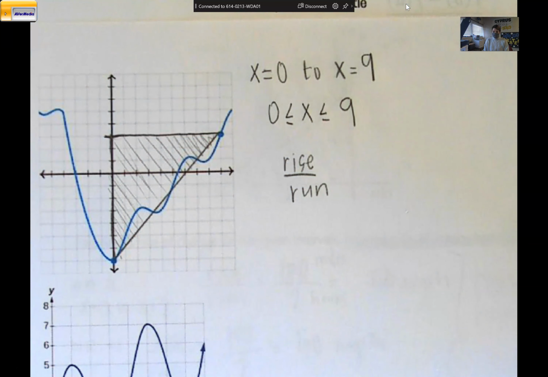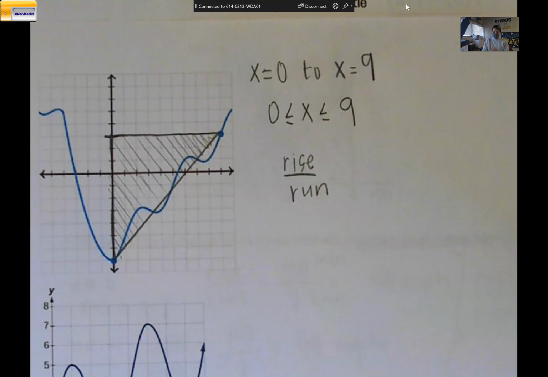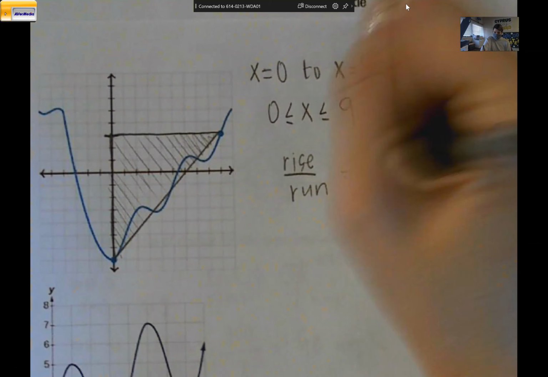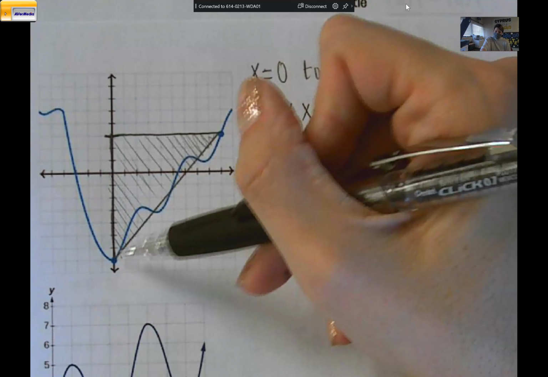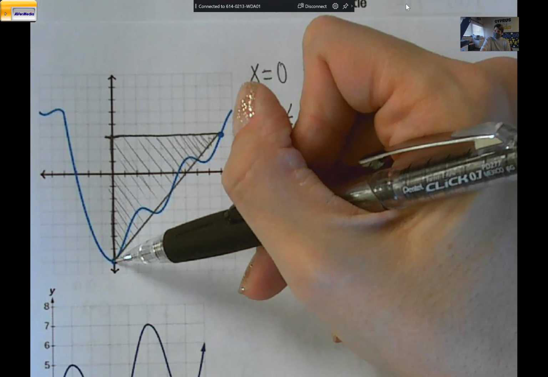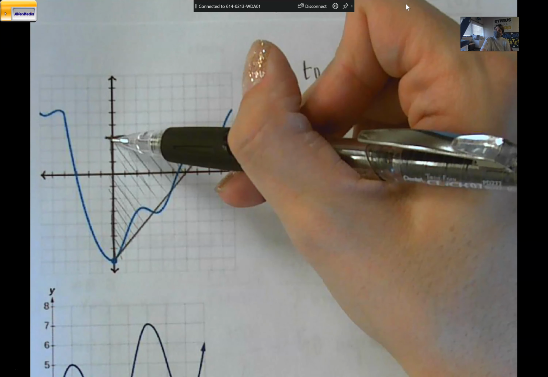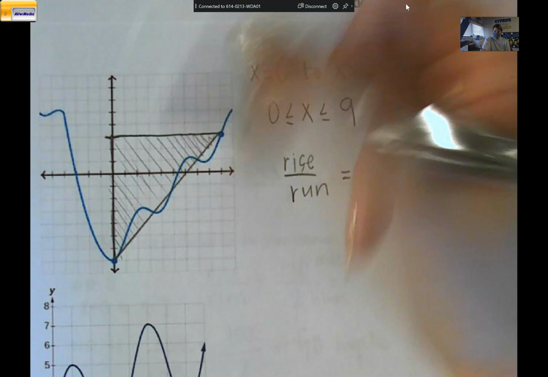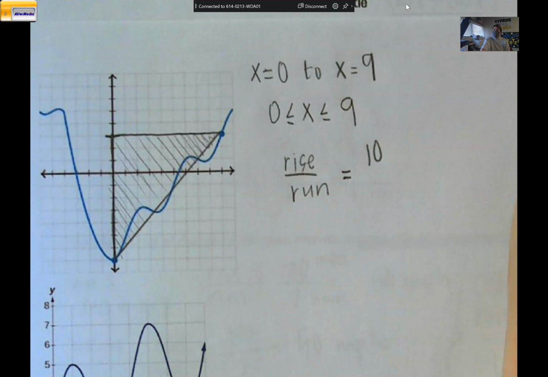Okay, what did you guys get? You all can count. Count from this bottom dot all the way up to where the top dot is. I also got 10.